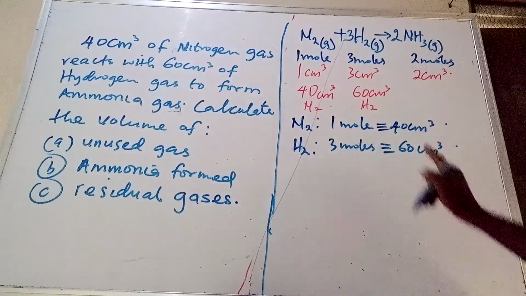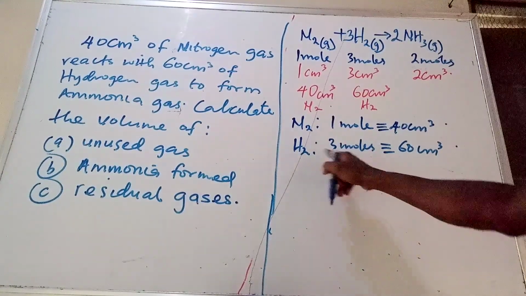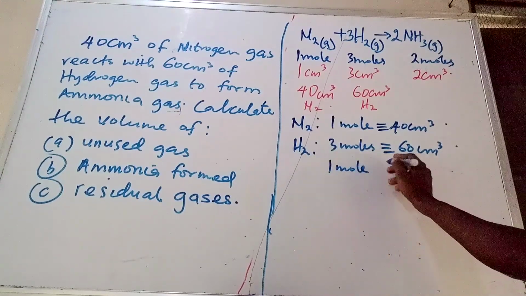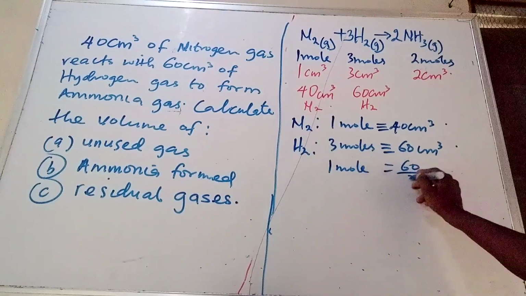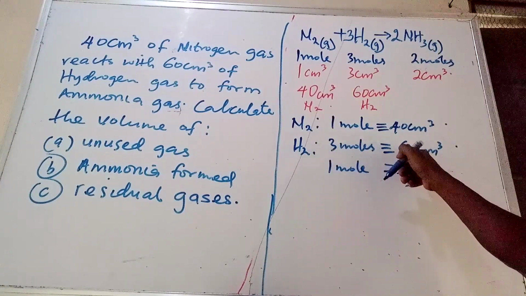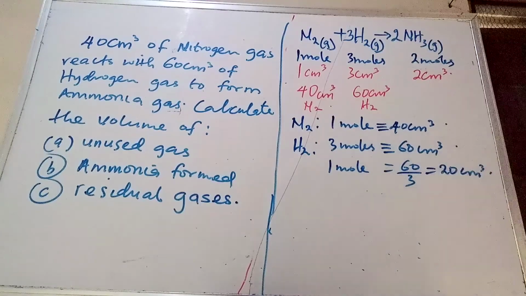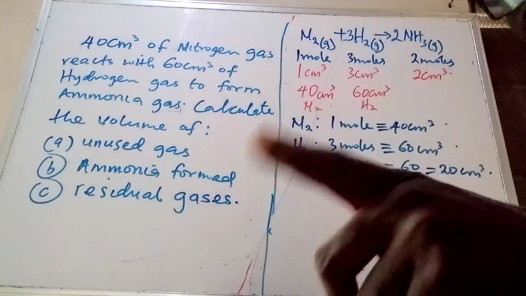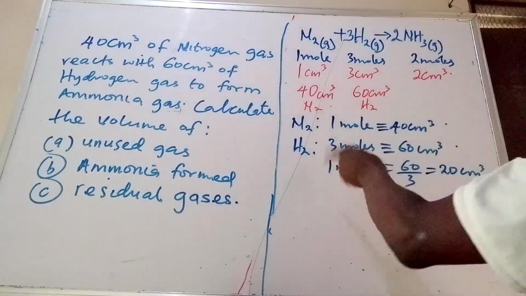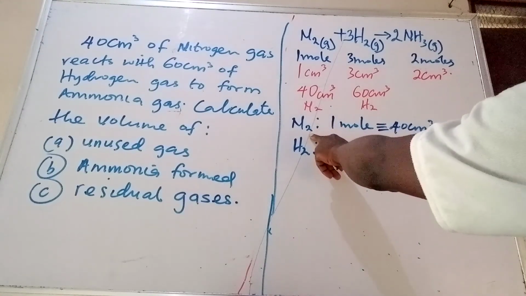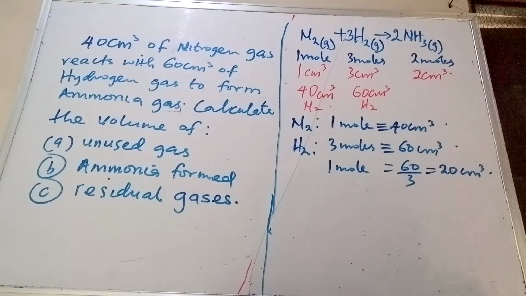So definitely from here we can get what 1 mole of hydrogen will be. So that means 1 mole for hydrogen will be 60 divided by 3. This 3 will divide this. And that will be 20 cm cube. So definitely it is obvious now that 1 mole of hydrogen is 20 cm cube. 1 mole of nitrogen is 40 cm cube.